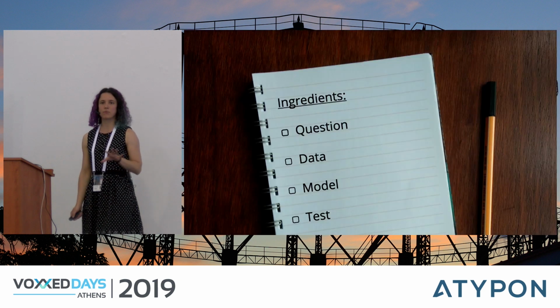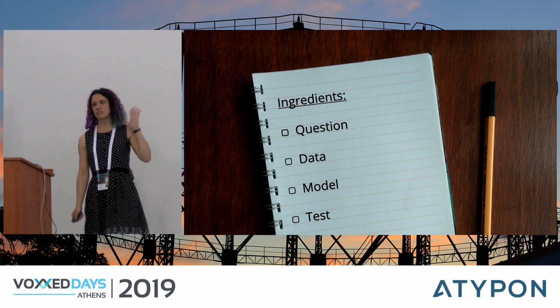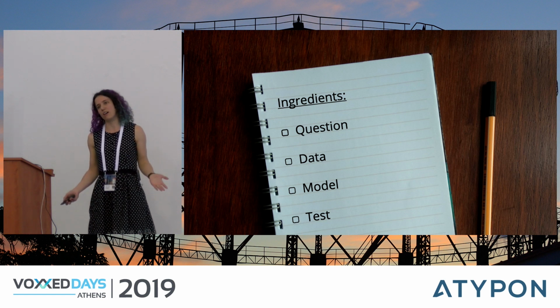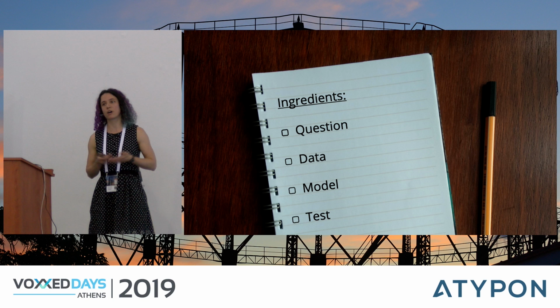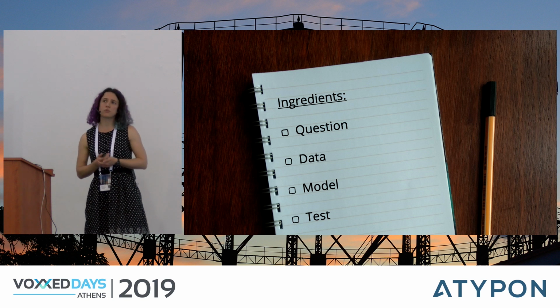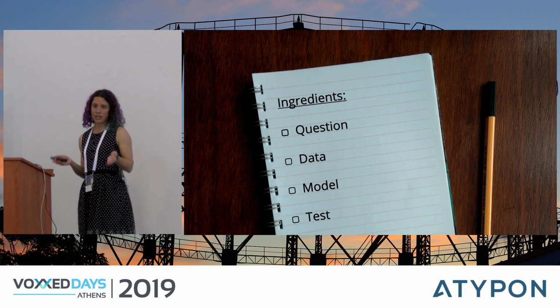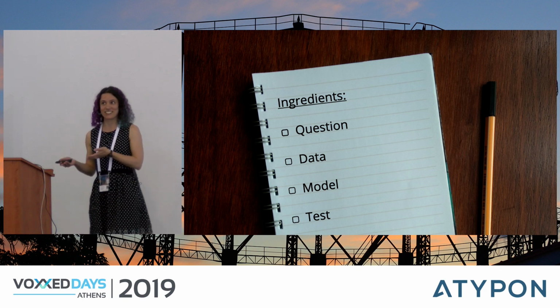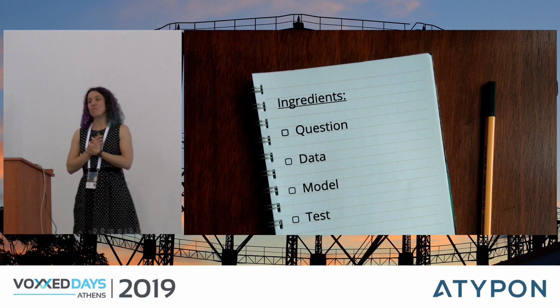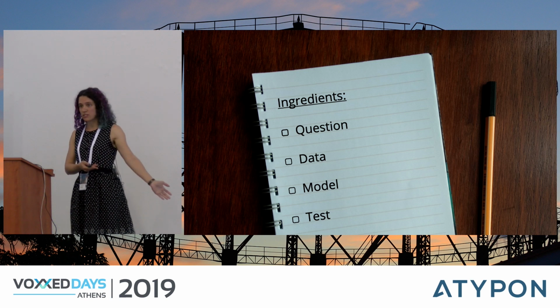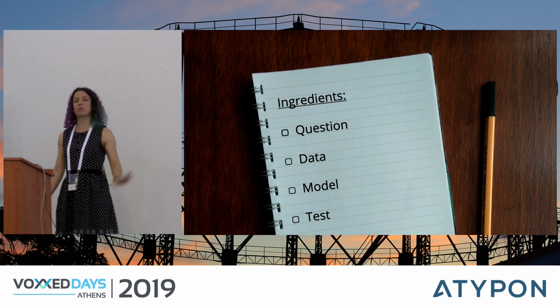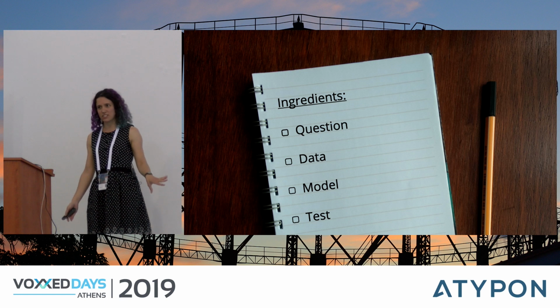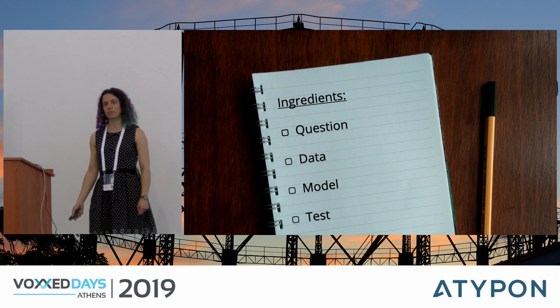To dig a little deeper into what that really means, these are some of the ingredients that we might have if we had some kind of machine learning product. So we'd start with what is the question that we want answered. Then we would have some kind of data, ideally relating to that question. A model would then get generated based on this data to answer that question, and we would test it with a subset of the data which wasn't used to train the model.